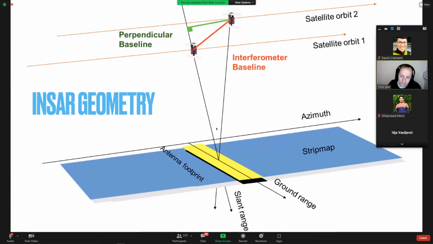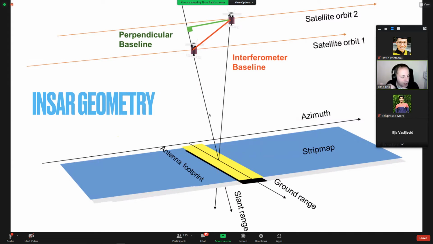So we're looking in the azimuth direction. That is here, azimuth. So we're looking along this direction. That's the flying direction of our sensors, and the measurement is in this direction, the looking direction of the sensor, in the so-called slant range.